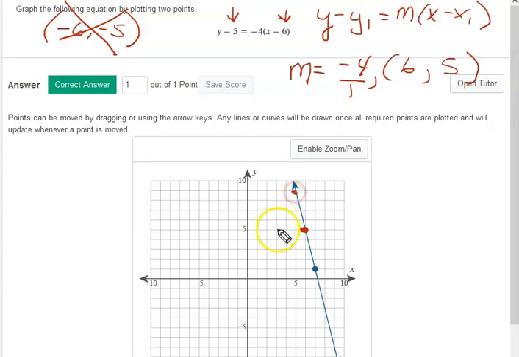That would have been satisfactory. Or you could have gone over 1 to the right and then down 4 to get this other point. So we've done this one or this one. And once you do, you have this example correct.